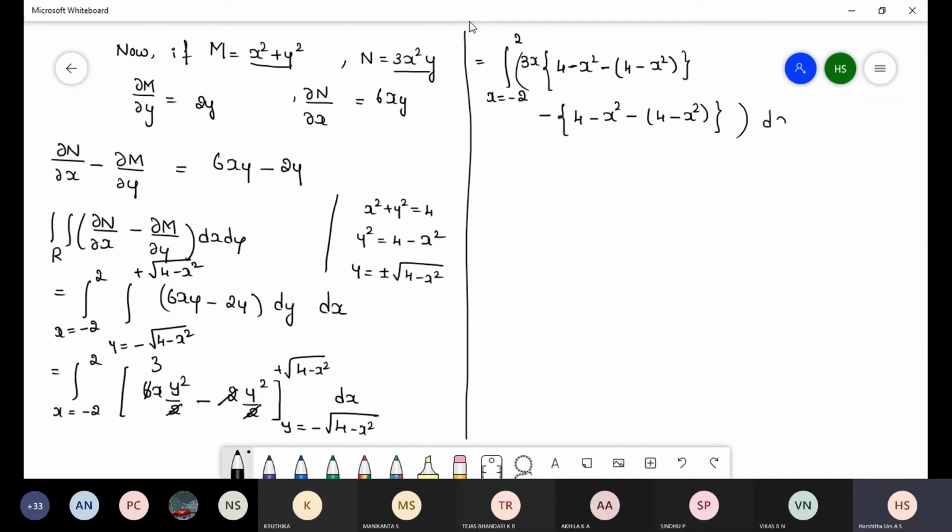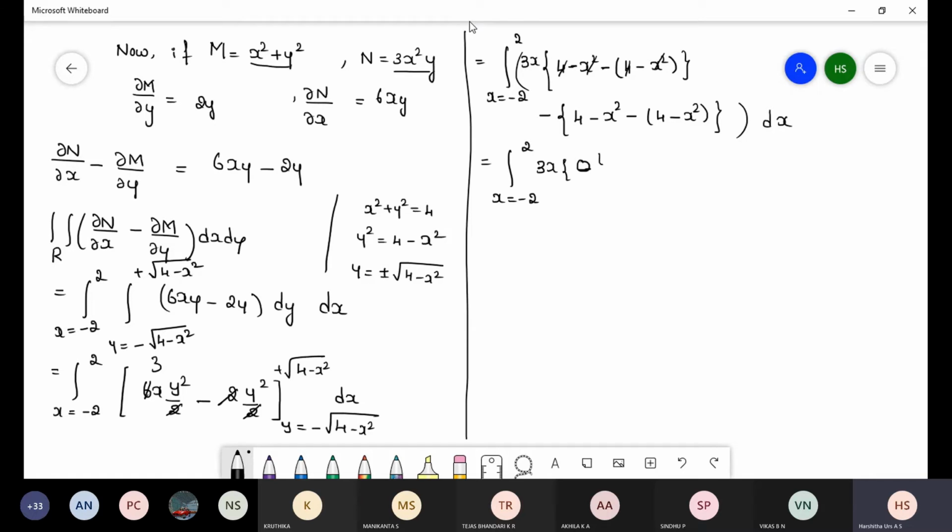Put a bracket here into dx. So x is equal to minus 2 to 2, 3x I will write as it is. 4 will get cancelled. Remaining will be minus into minus plus. Here also plus x square.